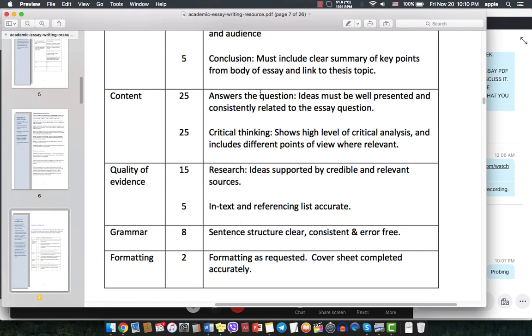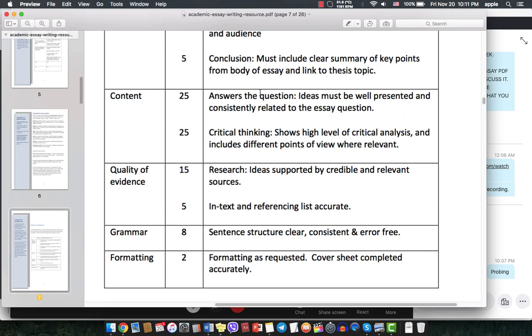Different points of view means the points and the counterpoints. We create a kind of balance here. We should not only focus on our points of view, but we should bring about some opposite points of view for the sake of balance. And for research, ideas supported by credible and relevant sources.